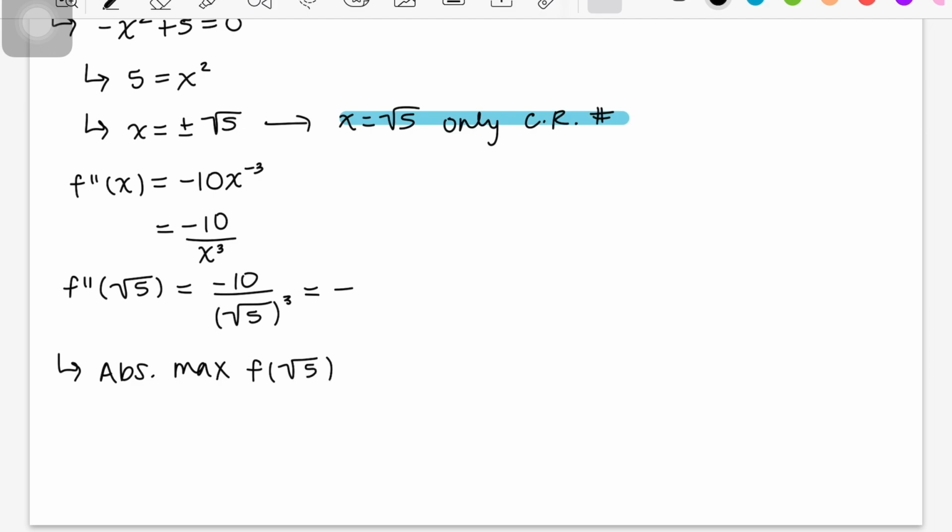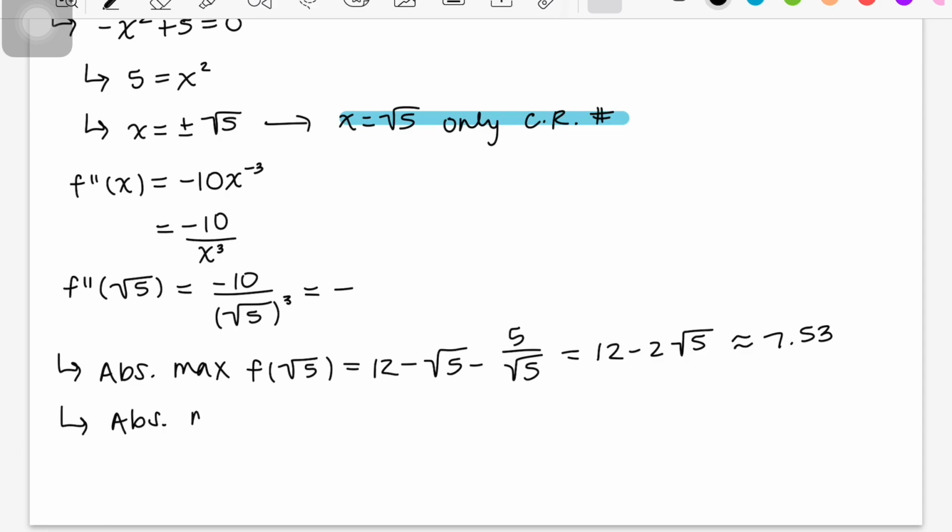And so evaluating this, we'll get, just plugging this into our original equation, this is approximately equal to 7.53. So this tells us that we have an absolute maximum at this point here.